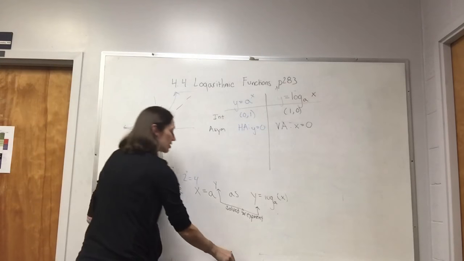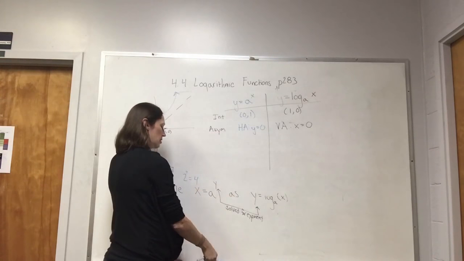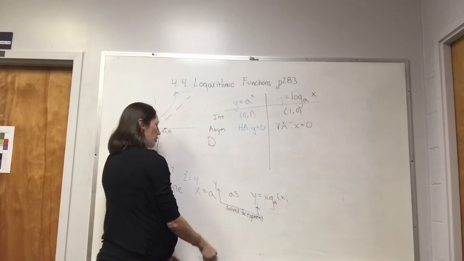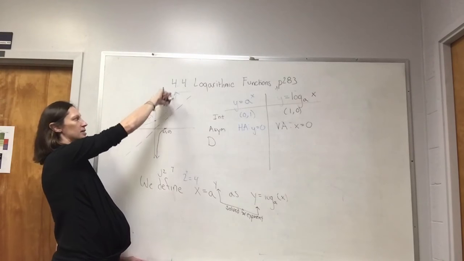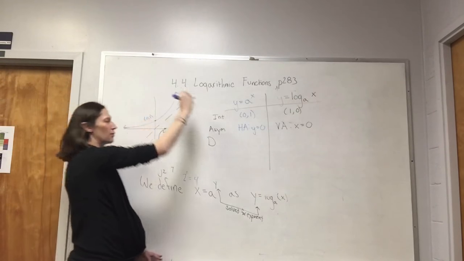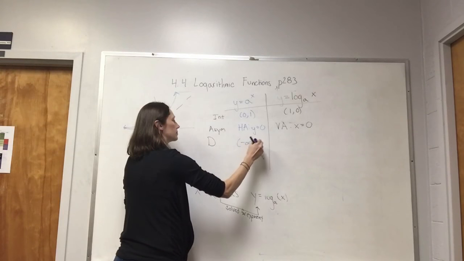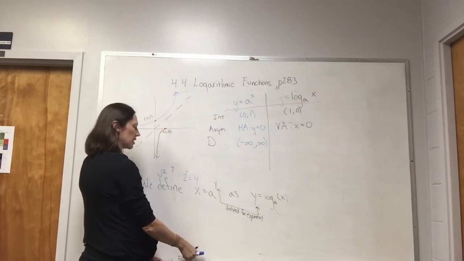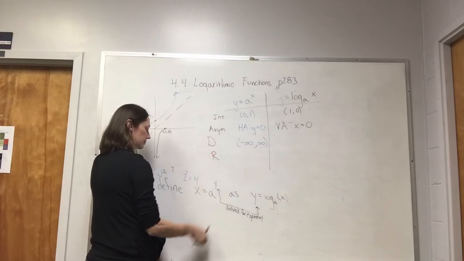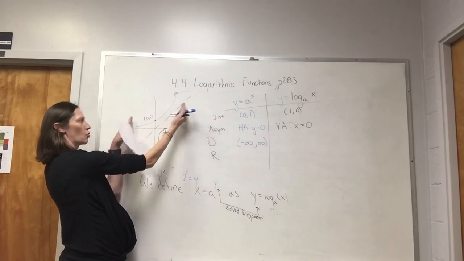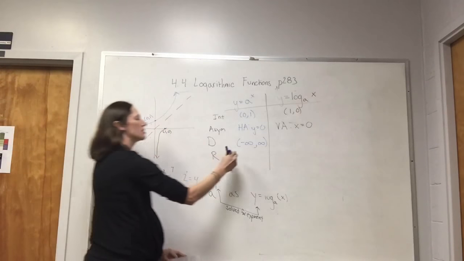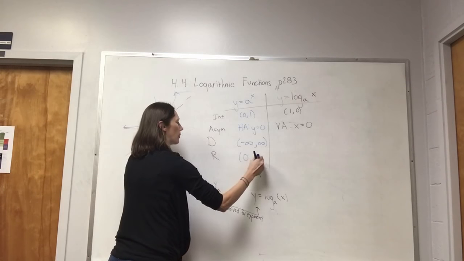Maybe I talk domain and range as well. So the domain of the blue graph, my exponential graph, is negative infinity to infinity. Its range, again, if we think about squishing it into the y-axis, is 0 to infinity. Don't include 0.